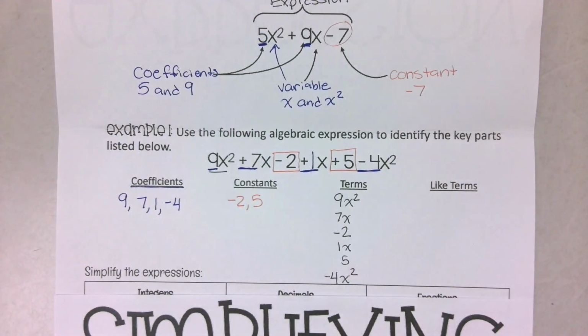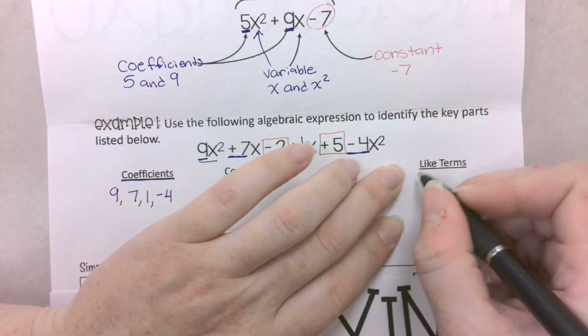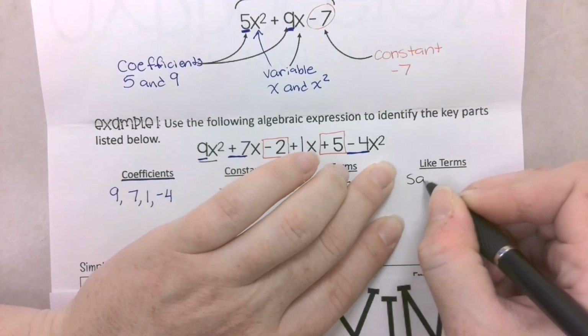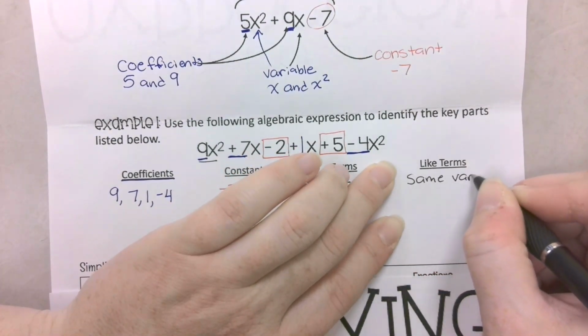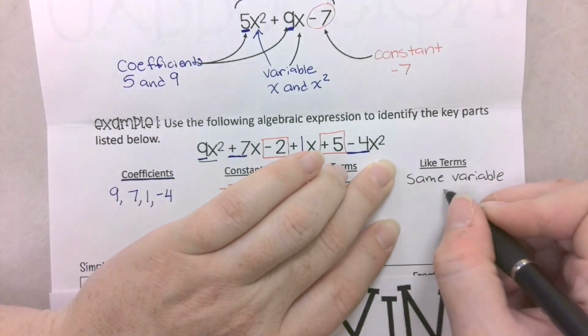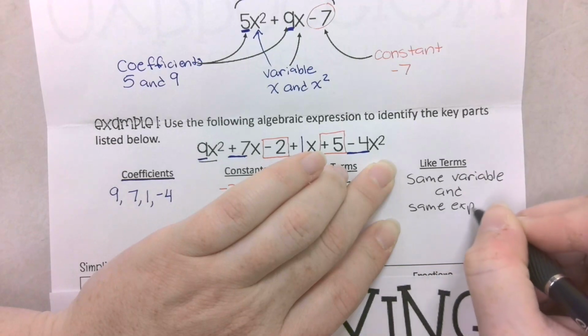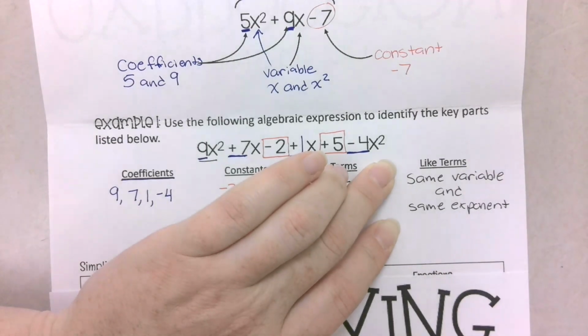Now, if we wanted to talk about the number of terms, we would have to combine our like terms. Like terms are terms that look alike. They have the same variable and the same exponent on that variable. Same variable, same exponent.